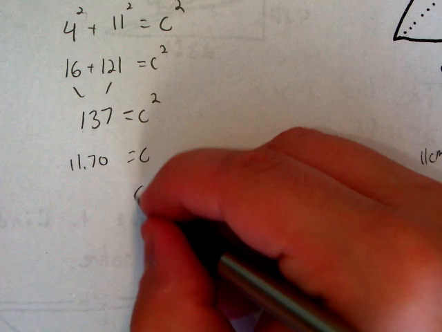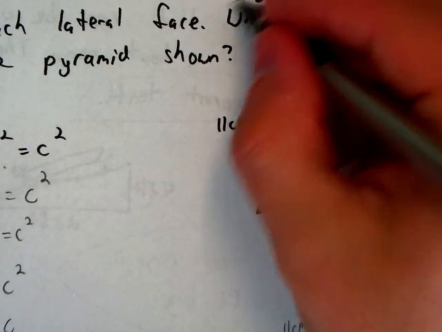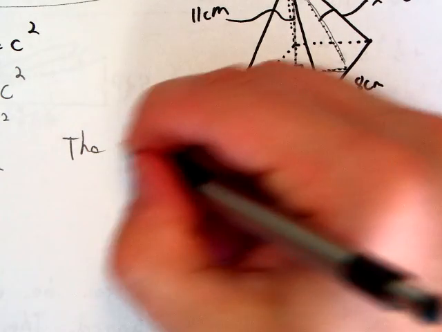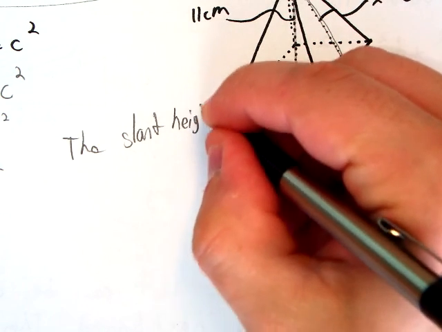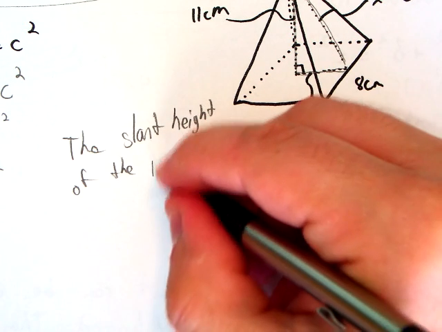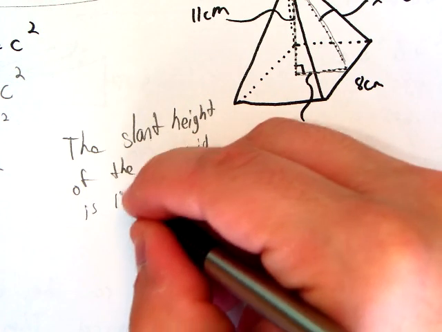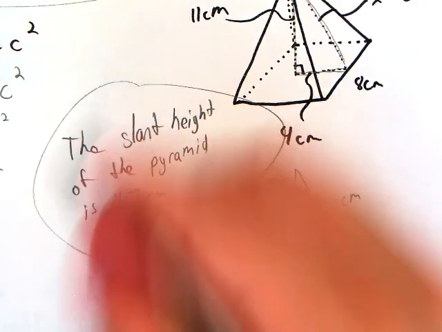So C is equal to 11.7. The question says, what is the slant height of the pyramid? So the slant height of the pyramid is 11.7 centimeters.